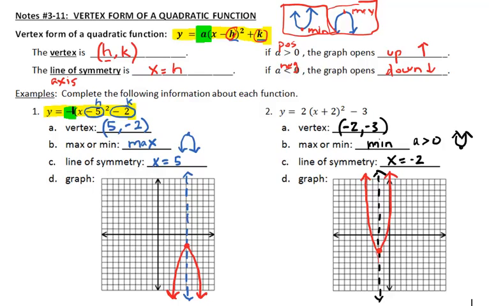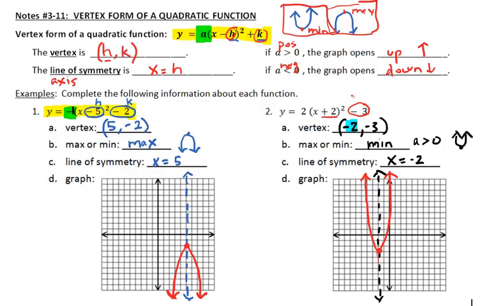Now that you've had some time to work this out, go ahead and check through the answers. The vertex is (-2, -3). The x is -2 because remember you do the opposite of what's in there, and then for -3 you do exactly what's on the outside.